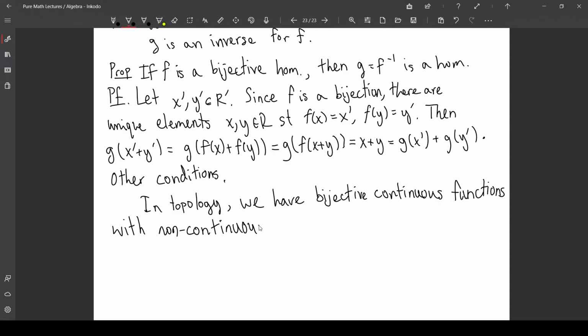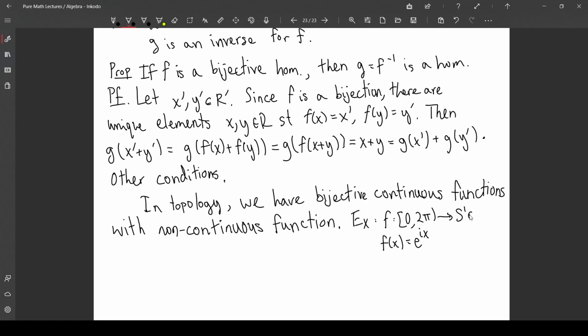I mean, not necessarily, but there are examples of bijective continuous functions whose inverses are non-continuous. So an example is the map from 0 to 2 pi, half closed, half open, into the circle S1, and the map is given by f of x equals e to the ix.